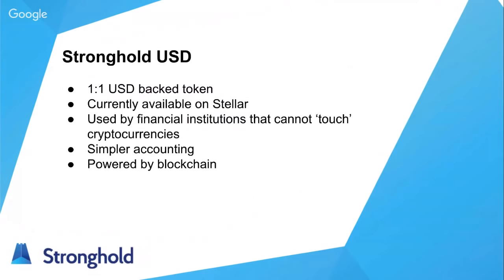Anyone who holds the Stronghold US dollar, that wallet, we need to know who owns it, essentially. And we do this for anti-money laundering, countering financing of terrorism and sanctions screening. Because we do that, a lot of FIs, or financial institutions, are a lot happier holding the coins because they can do their own compliance process over the top.